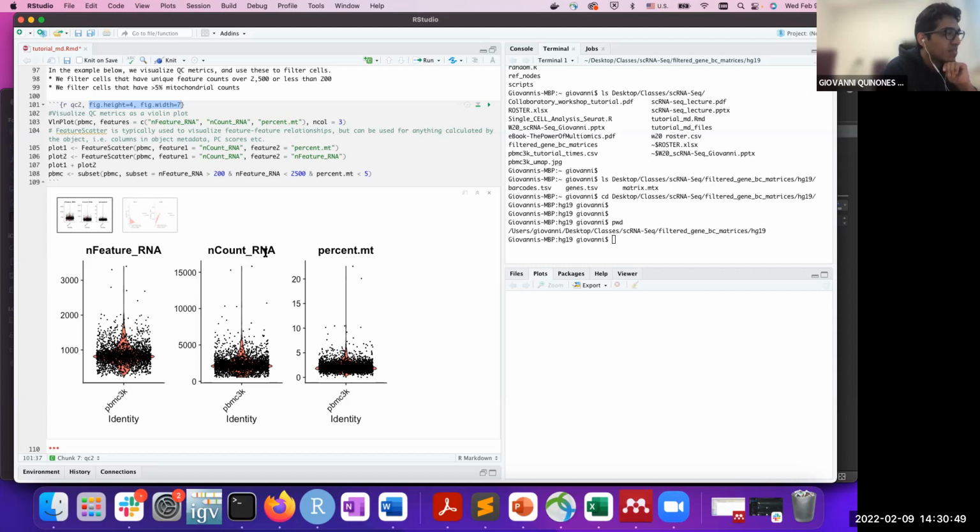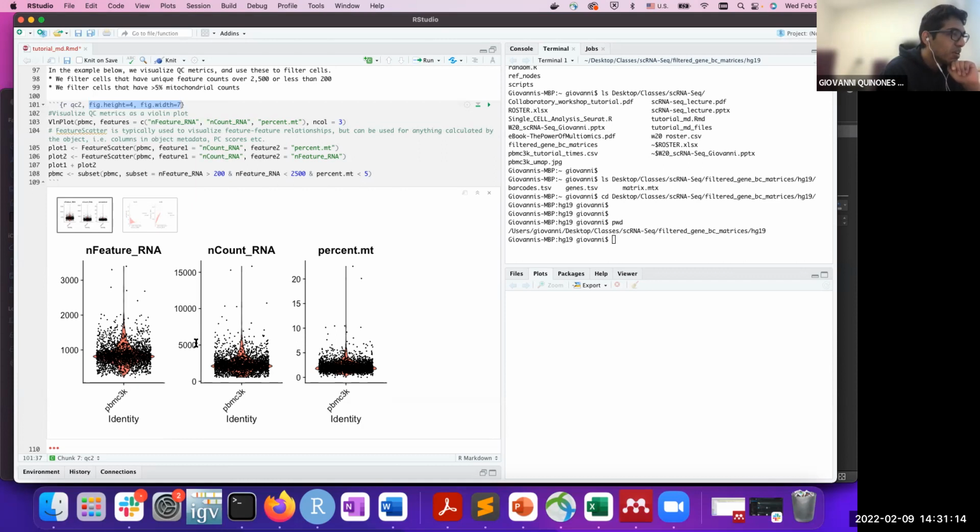If we look at the count RNA, similarly, most of the cells are in this range, which is around 2000, maybe 2500. As we move higher up, greater than 5000, for example, or 7500, we see a few outlier cells.